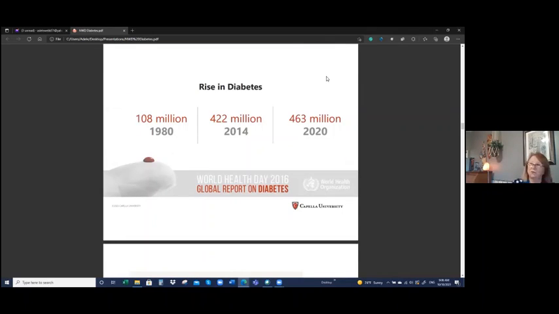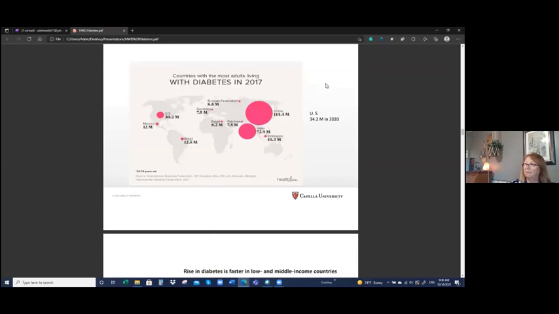So look at these numbers. 1980, 108 million people. Look at this 40 years later, 4 times as much. Really scary that 463 million people around the world have diabetes. There's always a lag time in the report of data, but in 2017, look at where the diabetes is around the world.